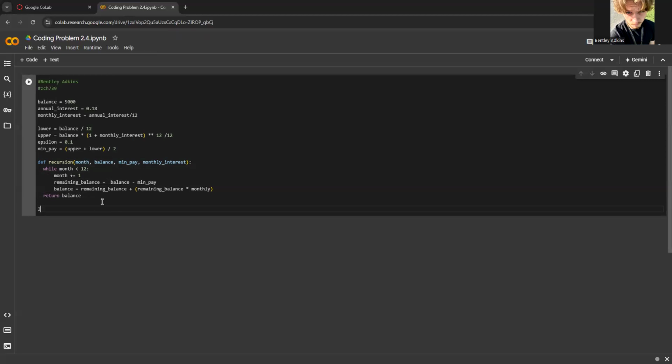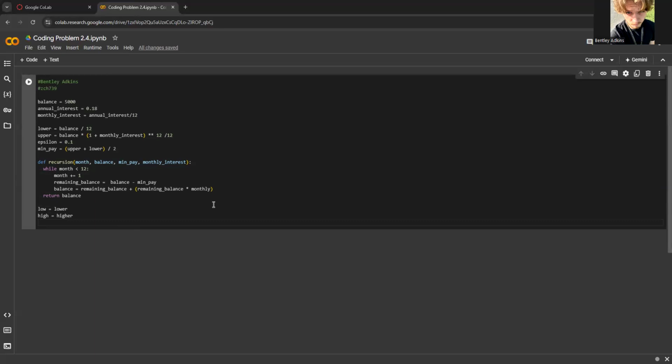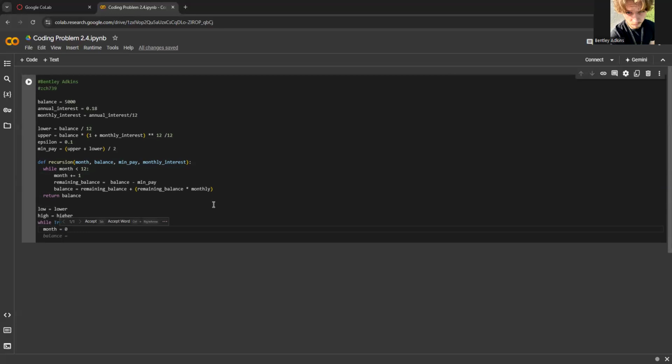We're going to go ahead and define low as the lower payment, and then we are going to define high as a higher payment. And we're going to run another while loop actually. So we're going to say, while this is true, and use that Boolean, while the month is equal to 0, the temp balance, which is just kind of a placeholder, or almost like we're starting.